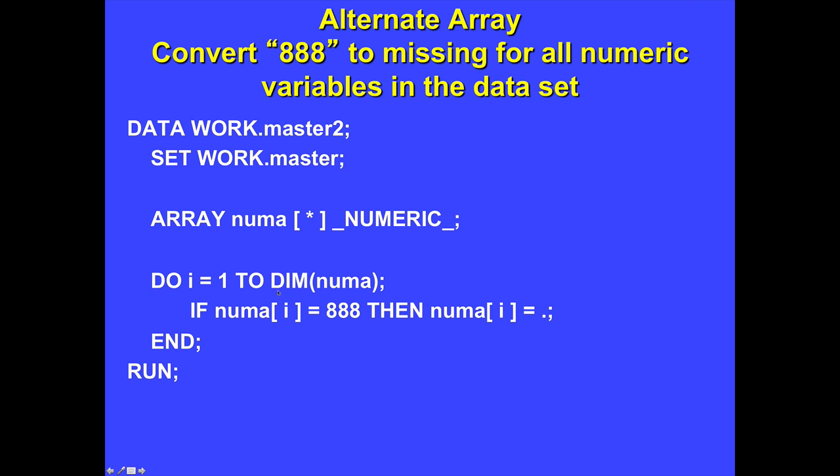So SAS will jump up to the num_a array, and it will count how many elements are in the array, or in other words, how many variables are numeric in that data set. And it will replace this with that value in your internal processing.